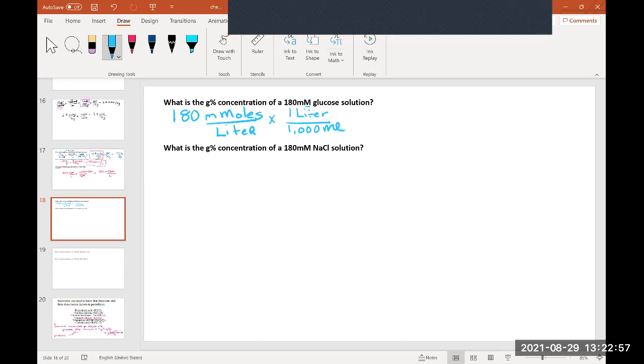If you do this cross multiplication, notice that your liter will divide. And if you divide 180 by 1,000, you will get 0.180 millimoles in 1 milliliter. Now we want to go to grams percent. And grams percent means you need to end up with 100 milliliters.